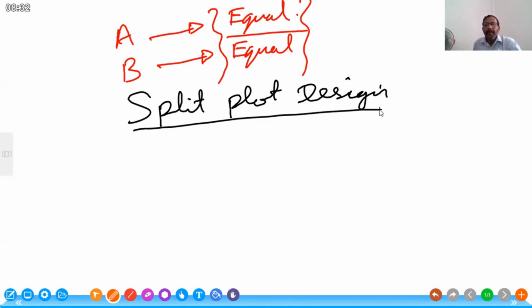Here also, we could see later on, the precision among the factors will differ in their estimations. Right? Is it clear? Yes, sir.